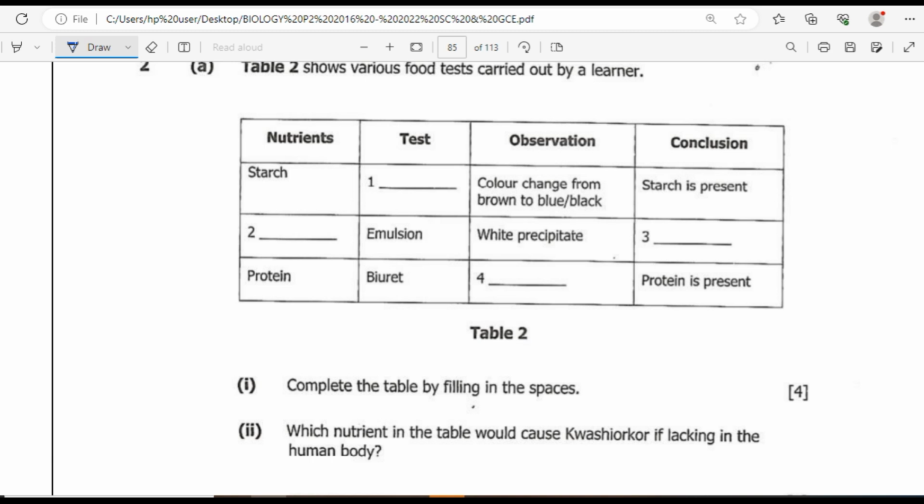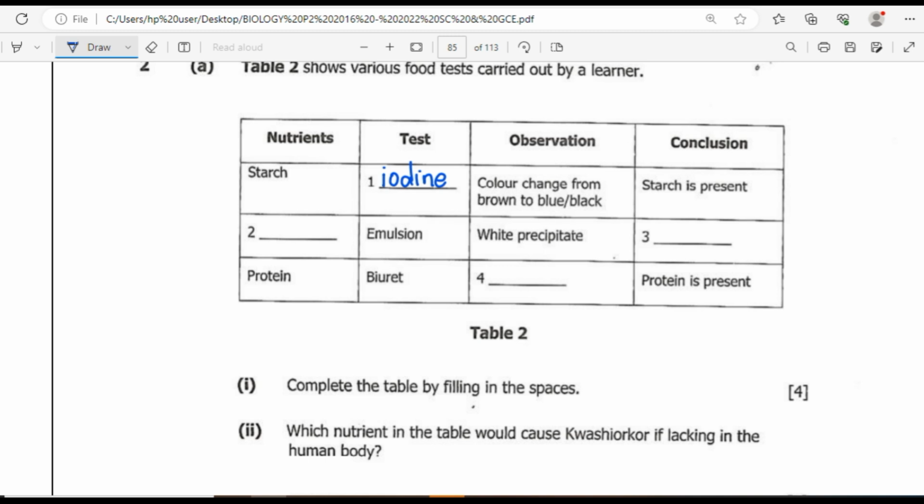Now let's look at the first one, starch. Then the test, which solution is used to test for starch, is iodine solution. So the iodine is the solution that you need to have whenever you're dealing with a starch test. Then the color of iodine is a brownish color.